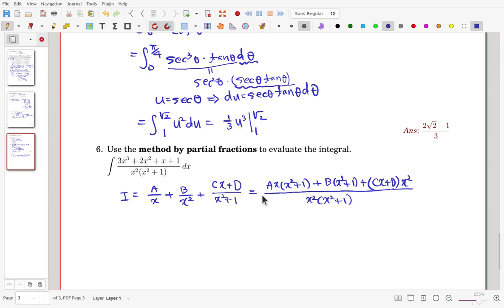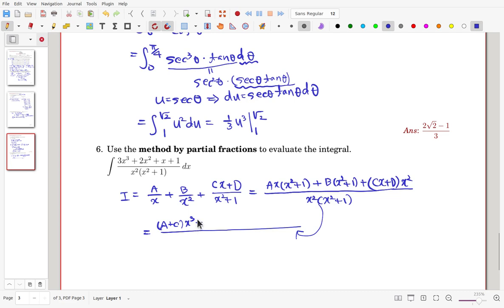Now we sort in decreasing order of x. Same bottom, and for the top, we try to get the coefficient of x cubed. From the first one we have A, and from the last one we have C, so A plus C for x cubed.